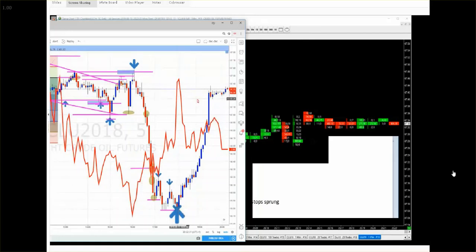It's another $1,500 on the bounce. So let's just get that straight. $1,700 on the way down on a single contract, $1,500 on the way back up. $3,200 on two trades, guys. Two trades, one single contract.